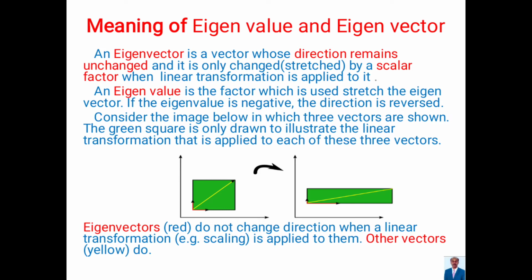Other vectors change direction. That is a speciality of the eigenvector. An eigenvector does not change its direction if we want to stretch it or enlarge it.